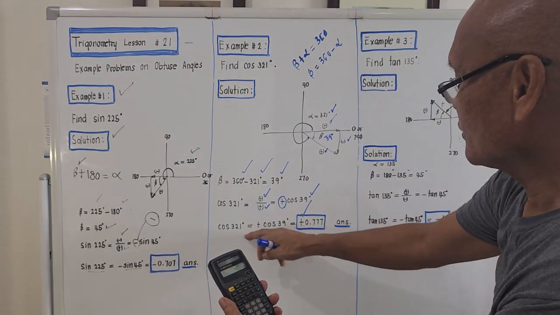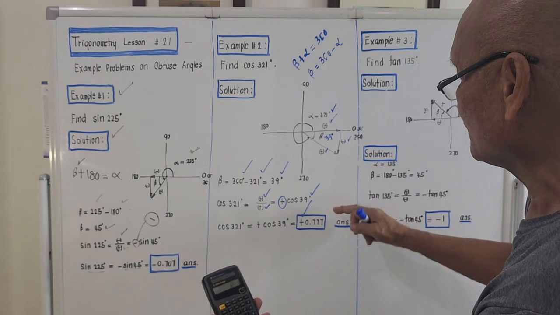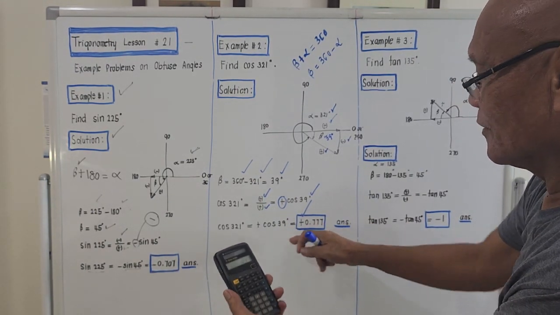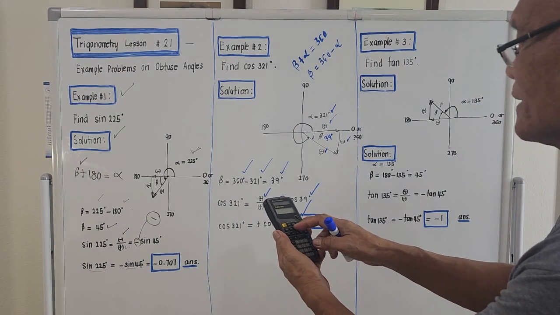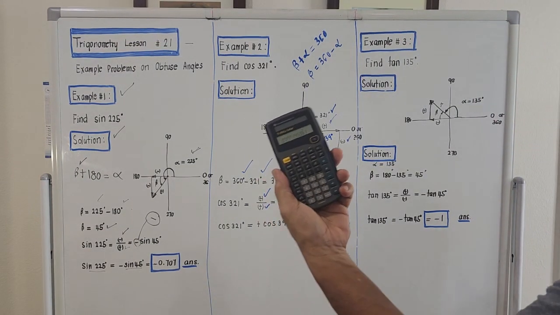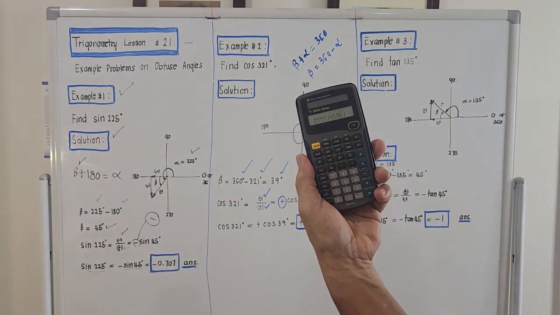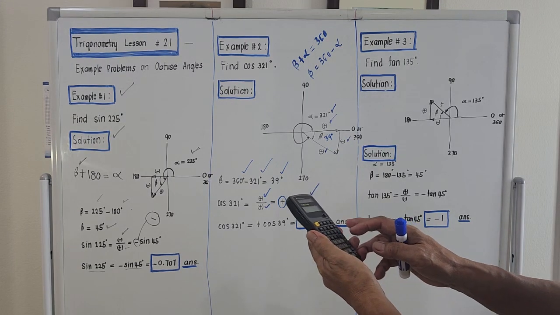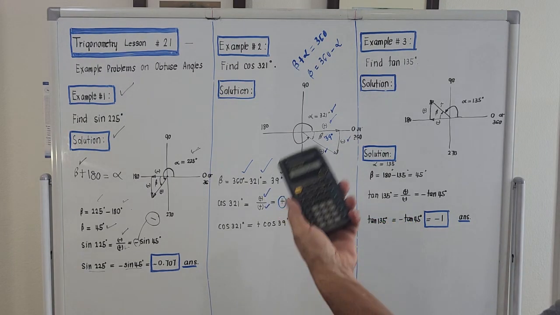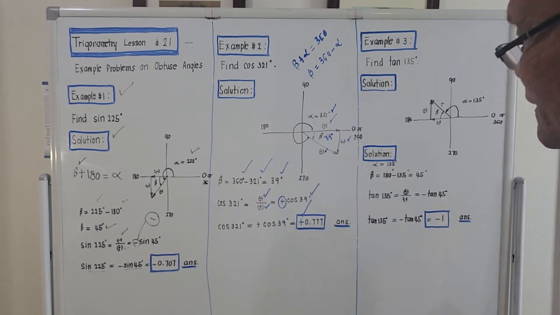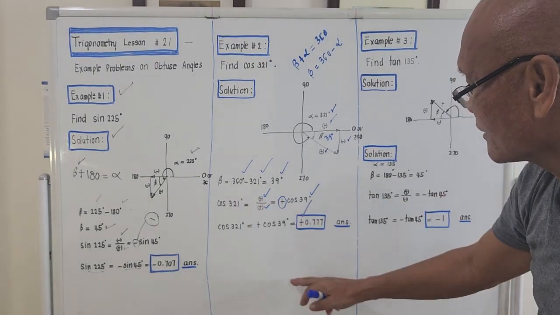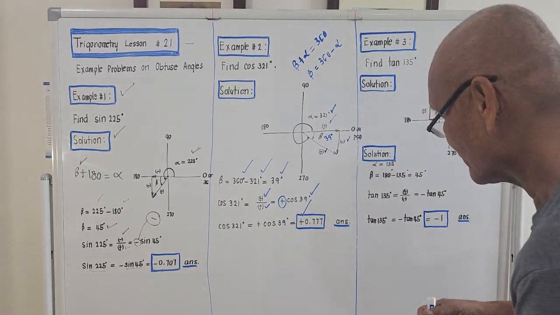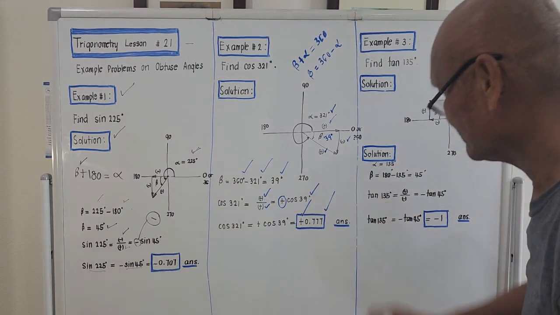If we try to take the cosine of 321 directly using the calculator, it should be plus cosine of 39 degrees. 321, we take the cosine, it's 0.77 plus. Or you could bring out 39, take the cosine, and it will still be the same. So the cosine of 321 degrees will be plus cosine of 39 degrees, and they are both 0.777.